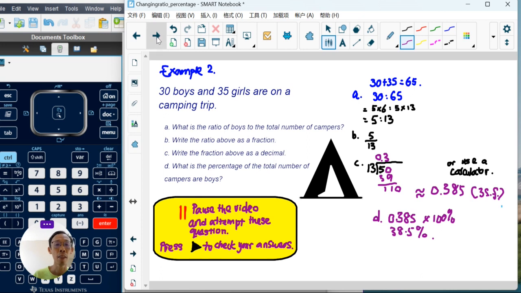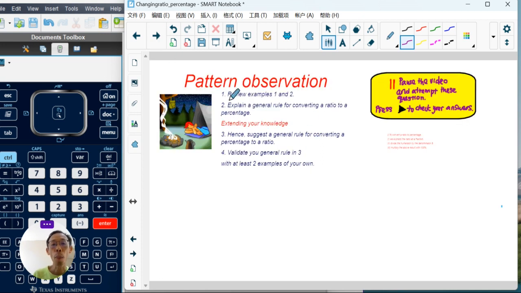Good, you did. Excellent. So by observing this pattern, can you explain a general rule for converting a ratio to a percentage? And then extend your knowledge, suggest a general rule for converting a percentage to a ratio.